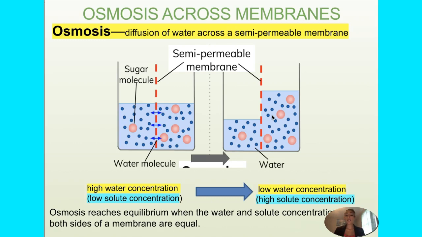And it's going to do that because it's trying to even out these two solutions. So eventually they'll both be the same exact concentrations on both sides. So the water is going to be pushing over here, kind of spacing these guys out until eventually it reaches the point of equilibrium where these two concentrations, even though they have different numbers of sugar molecules, because one has added more water, they'll eventually be the same exact concentration on both sides. Okay.